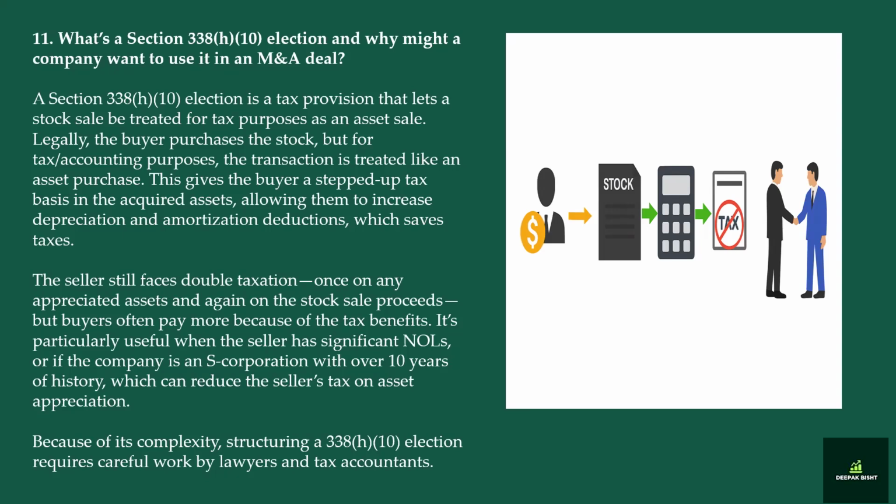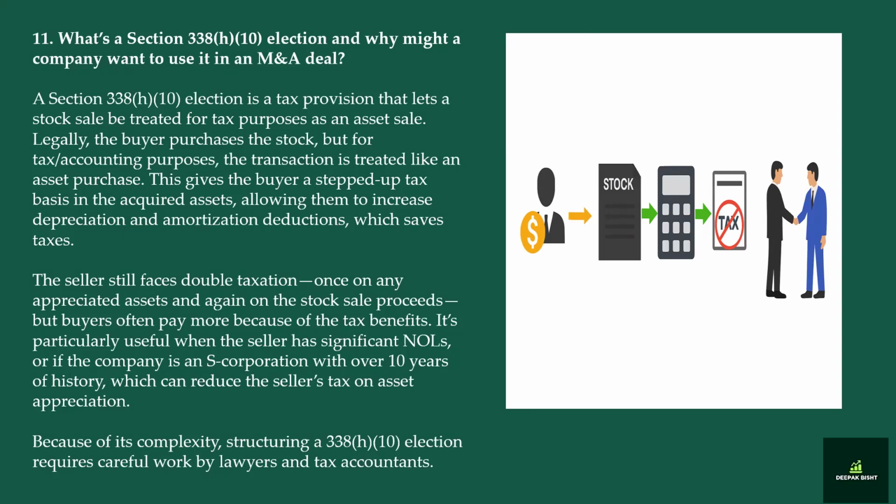When we talk about 338, the practical negotiation points are how buyers and sellers split the value. Buyers may often offer to pay some part of the present value of the tax shield, or the sellers often seek gross up clauses for incremental taxes caused by the election.